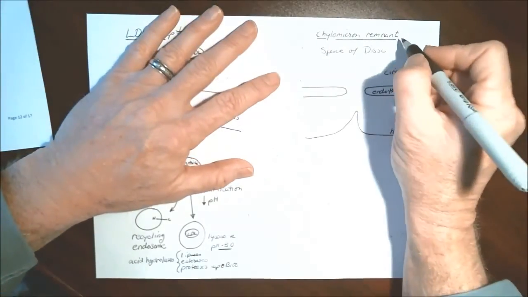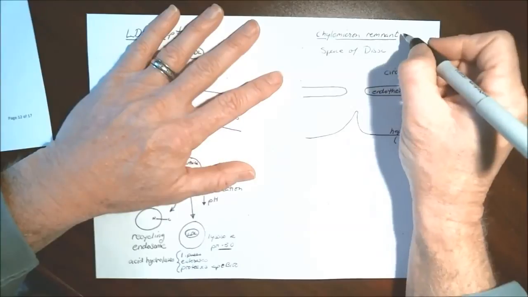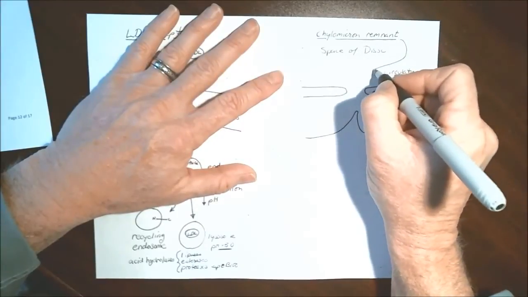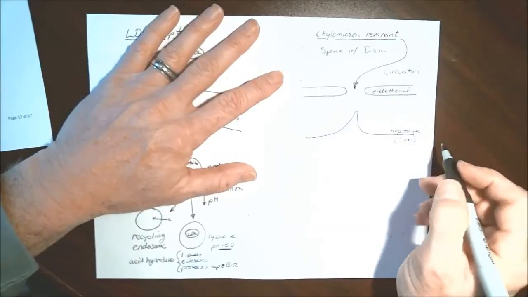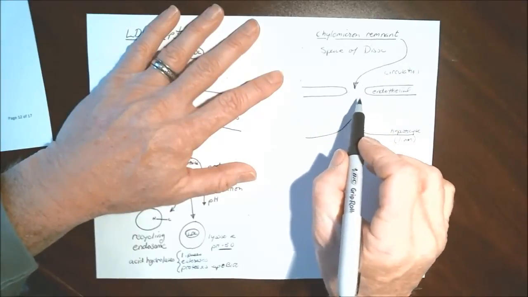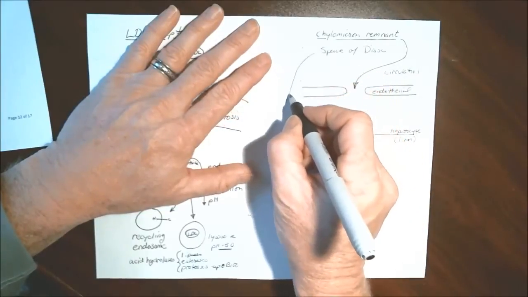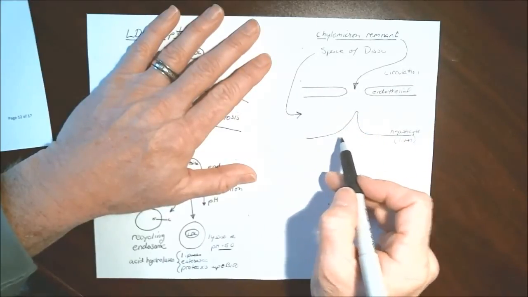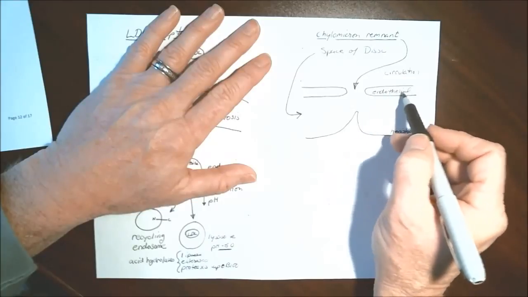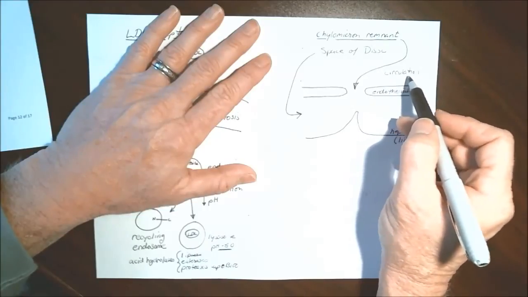So the chylomicron remnant is in the circulation, and because of the porosity of the endothelium, the blood vessel here, it is able to freely enter the space of Disse, which is this space occupied between the surface of the liver cell and the endothelial cell that serves as the junction of the circulation.